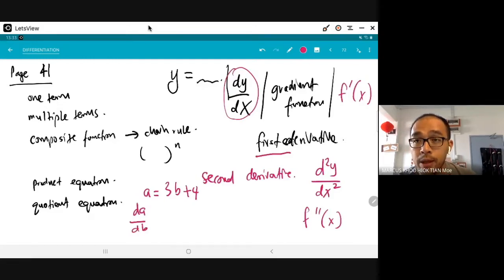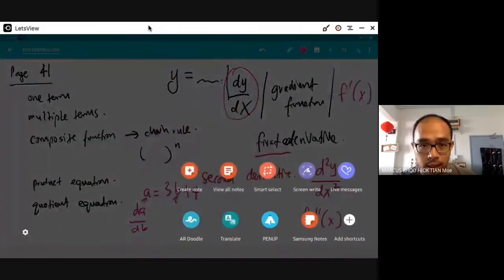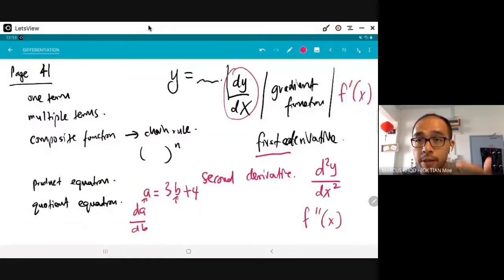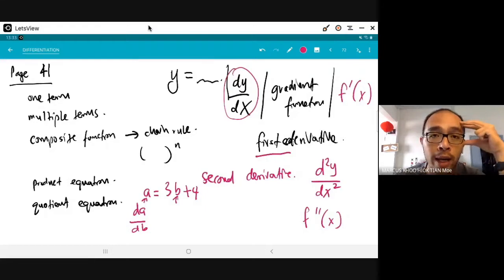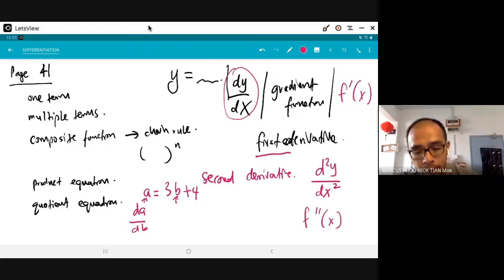Okay, sebab everything depends on what your equation is. Okay, so be flexible. Jangan terikat dengan huruf y dan x sahajalah. Okay, be flexible. Ketahui apa kepala rumus dan apa yang kuasanya kamu mau berubah. That is the main point of this differentiation.